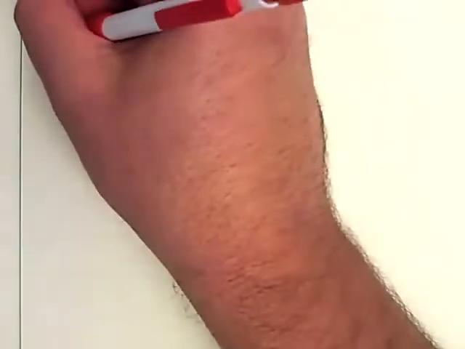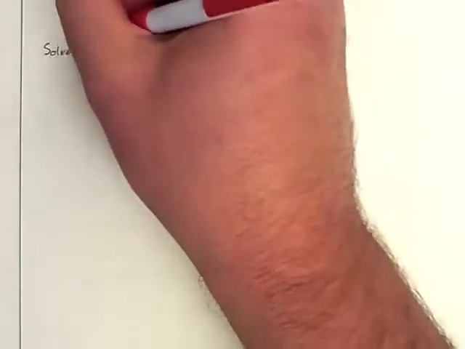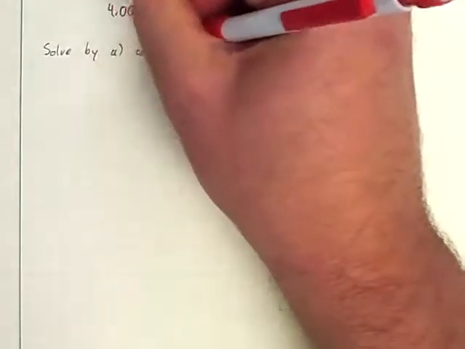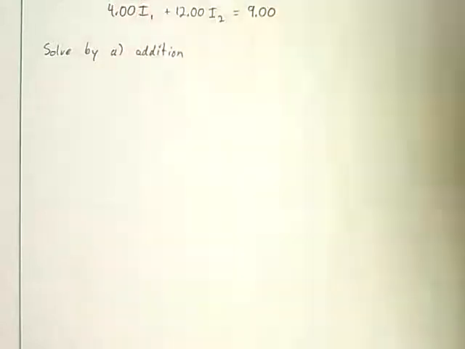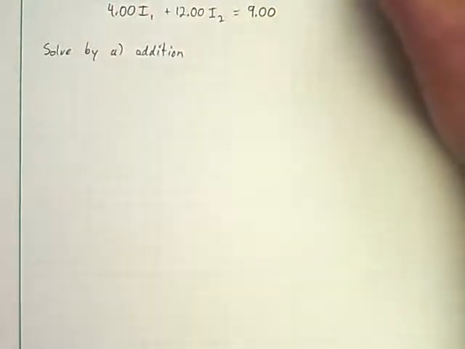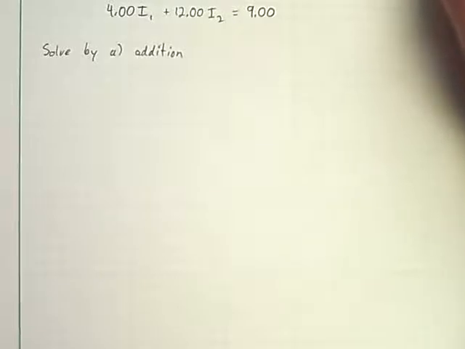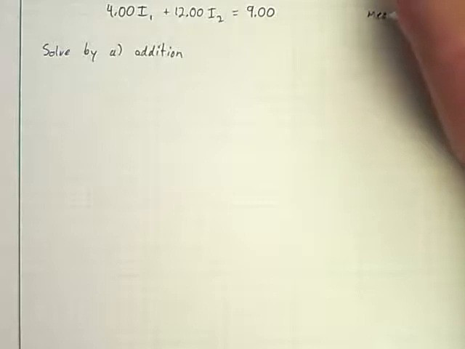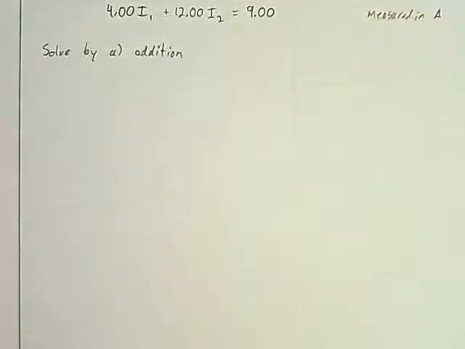So we have these two equations. We want to solve it by addition. We should probably go ahead and define that I1 and I2 are currents measured in amps.